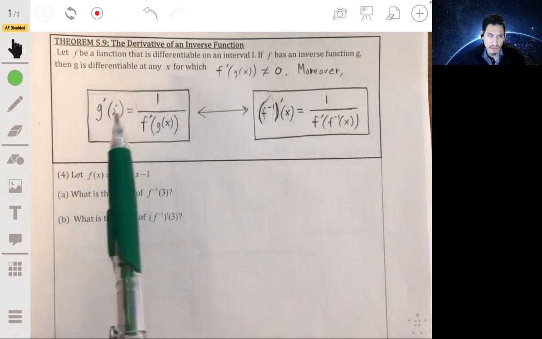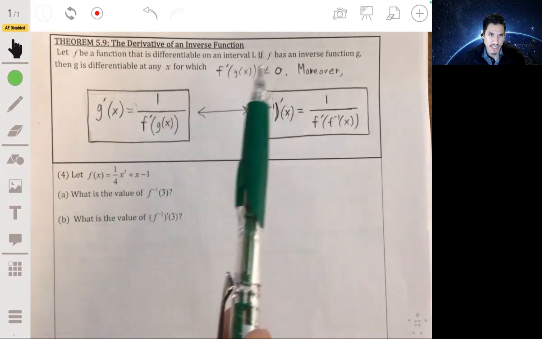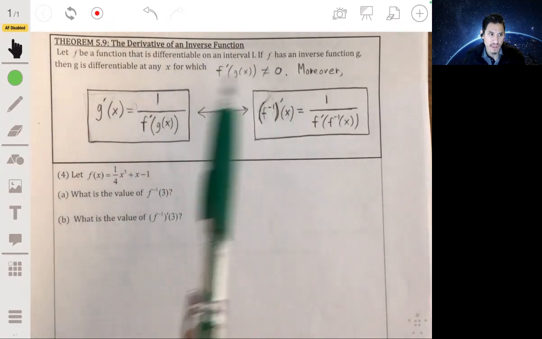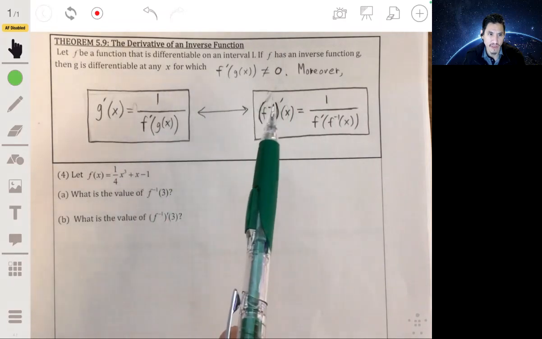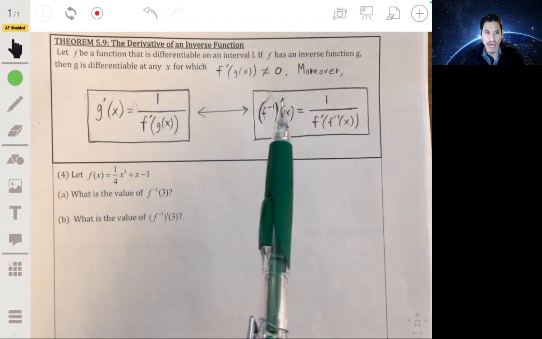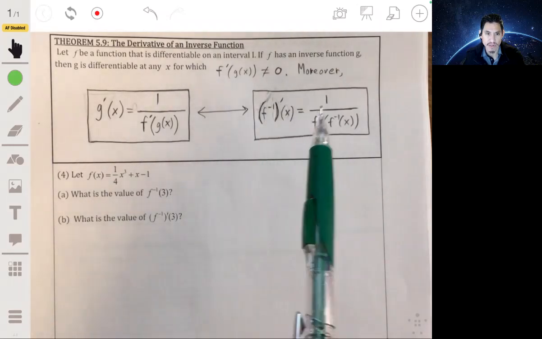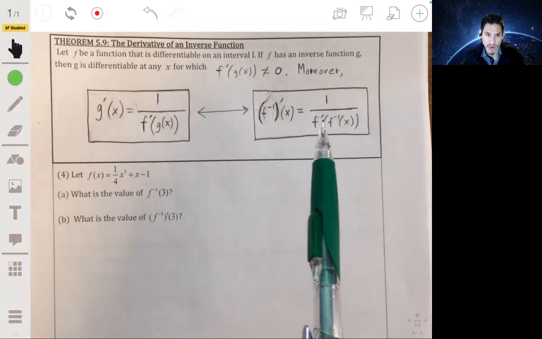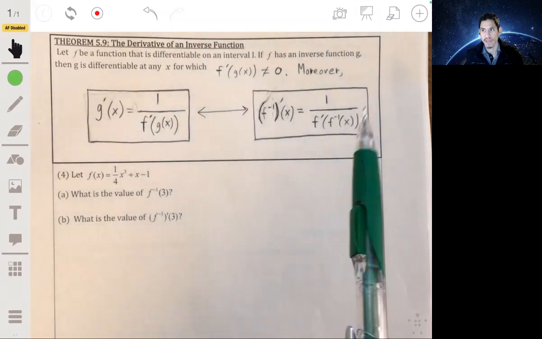So again, we're saying that g of x is the inverse of f. So g of x is the same as f inverse. In other words, you can say that the derivative of f inverse of x is equal to 1 over f prime of f inverse of x.